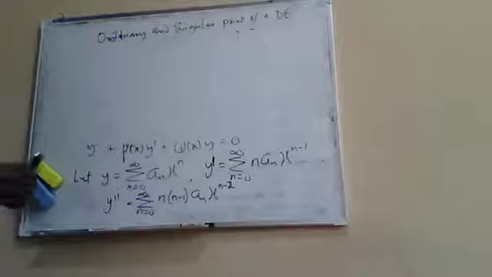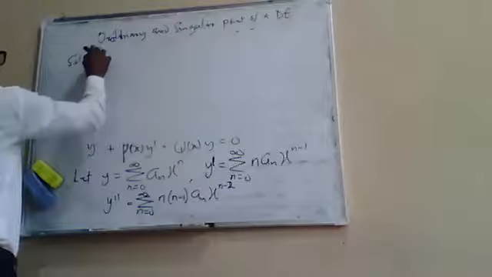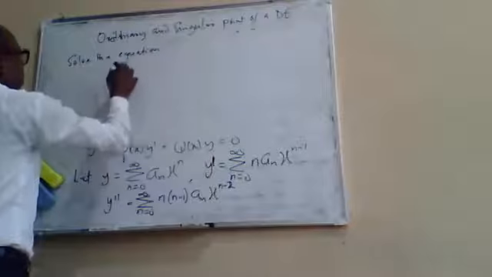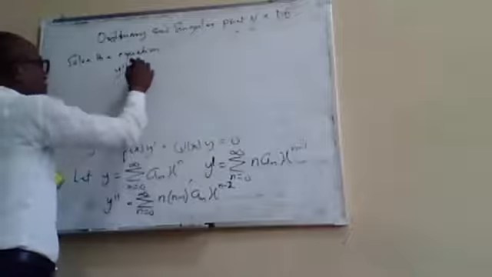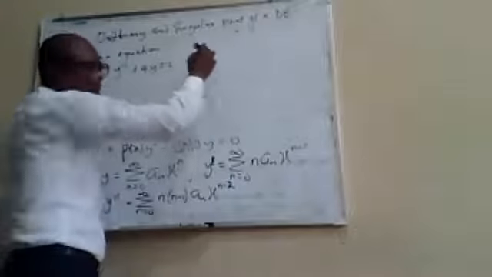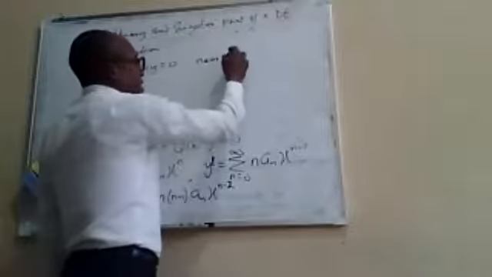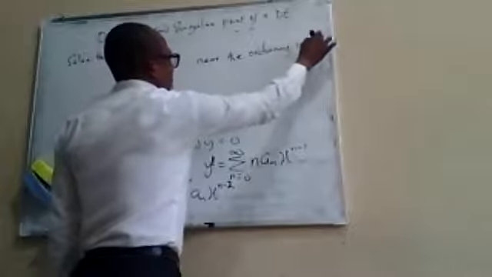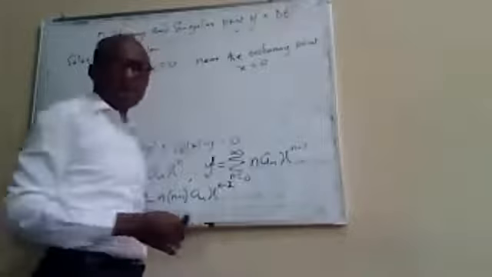The question says: solve the equation y prime prime plus 4y equal to 0 near the ordinary point s equal to 0.